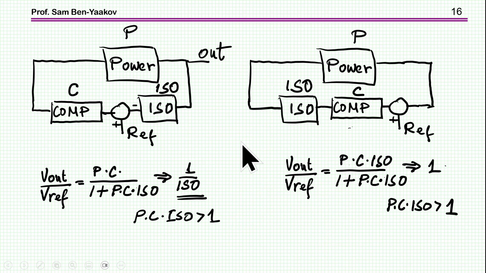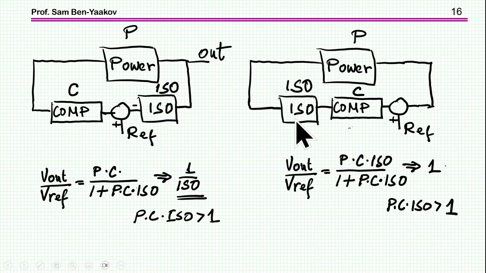To do this, I'm describing these as a feedback system, okay? So this is the conventional one. We have the output compared to a reference. We have here a gain, and then we have the isolator, which is passing the error. Here, we have an isolator passing the output, and then we have the reference and the compensator.